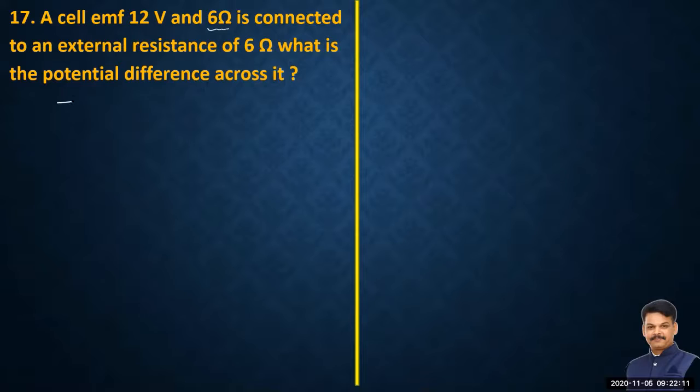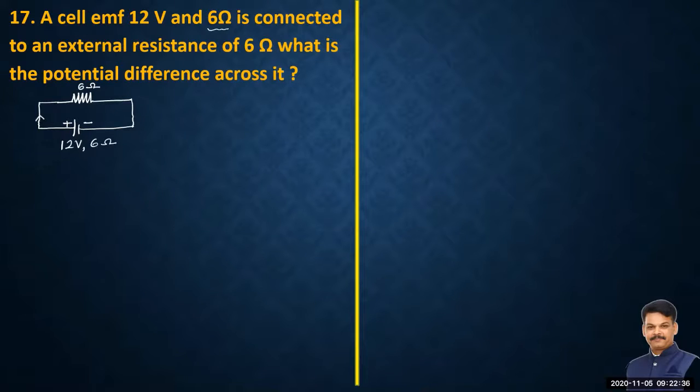See, first you have to draw the diagram according to the given statement. They say that there is one external resistor of 6 ohm. To this, a battery, a cell, is connected. Okay, like this. What is the EMF of this cell? It is 12 volt and the internal resistance is 6 ohm.